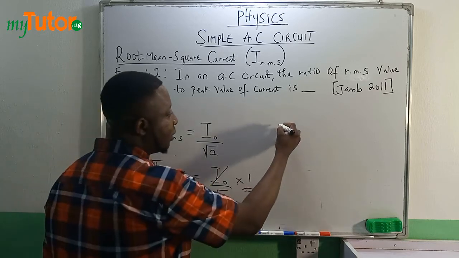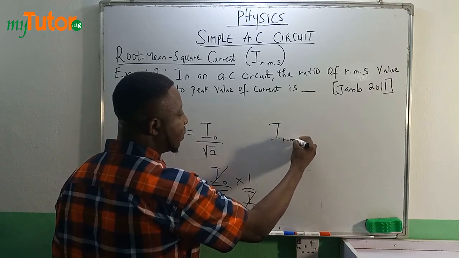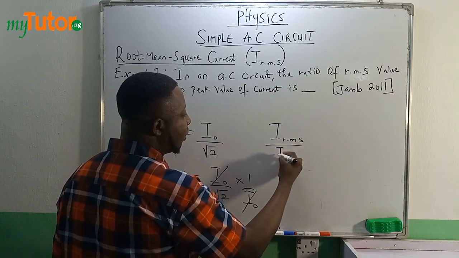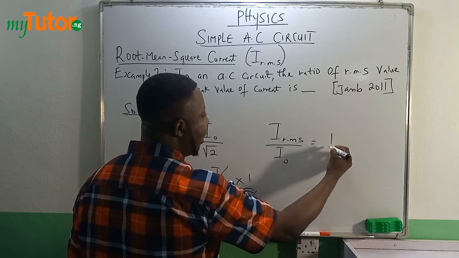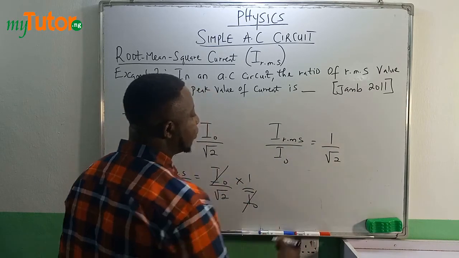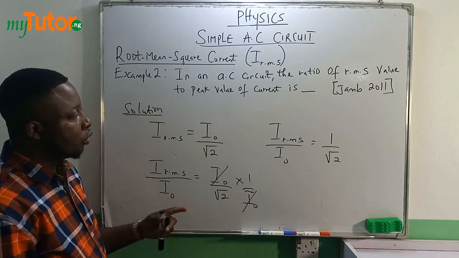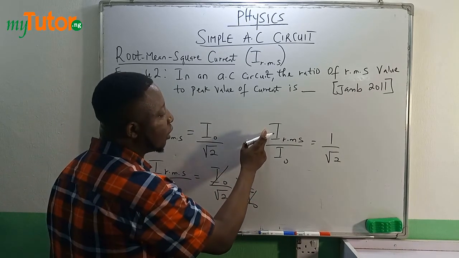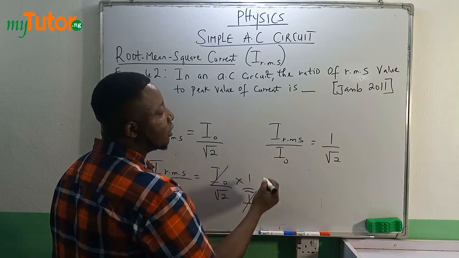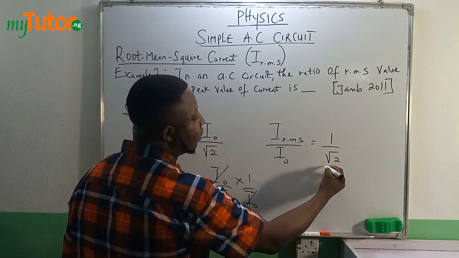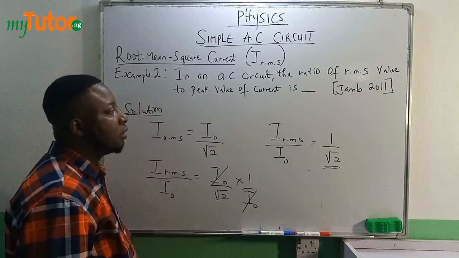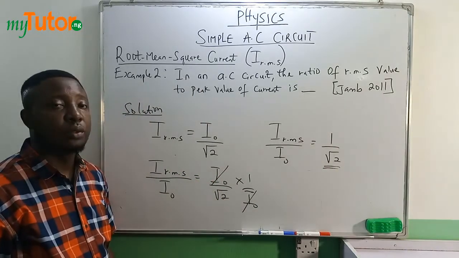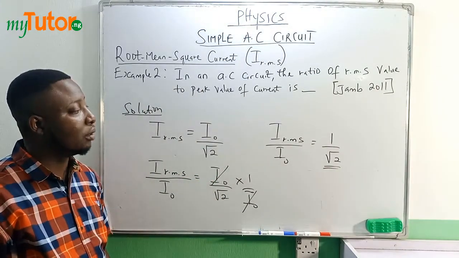Now we are left with the root mean square current over the peak current is equal to 1 over square root of 2. So from our solution, the ratio of the root mean square current to the peak current is equal to 1 over square root of 2. And that is the answer to this question, 1 over root 2.